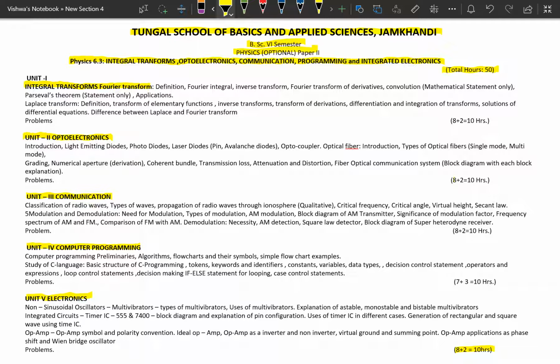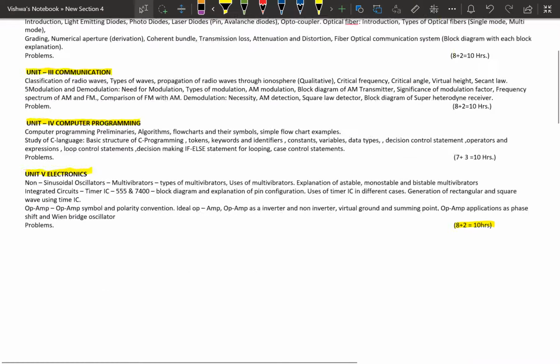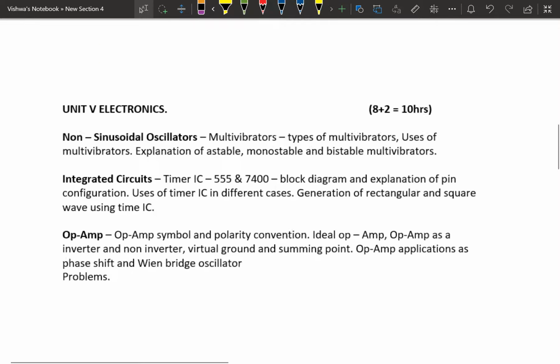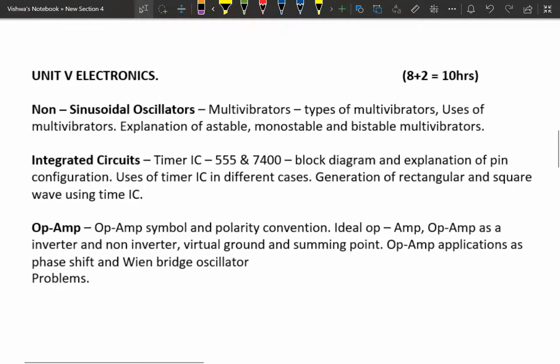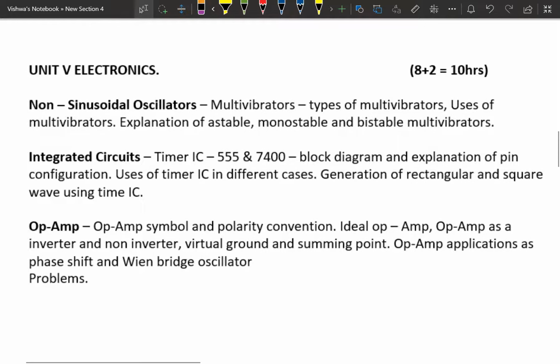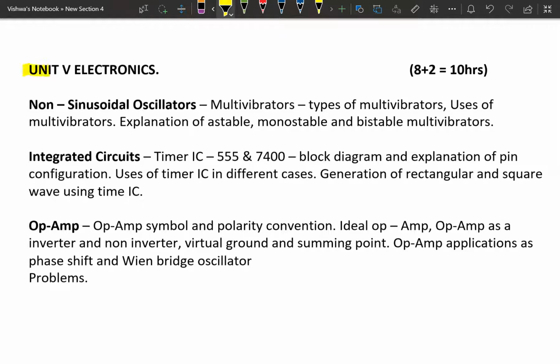Now I am going to start the 5th unit, Electronics. Again, before starting, I am going to briefly explain the syllabus of this 5th unit. Here is the whole syllabus of unit 5, related to the electronics part.